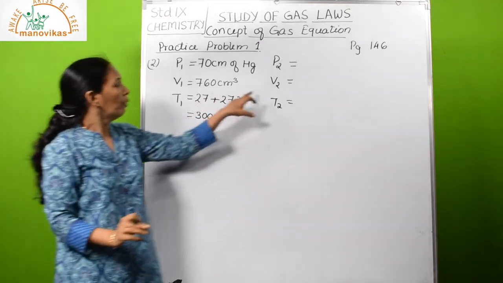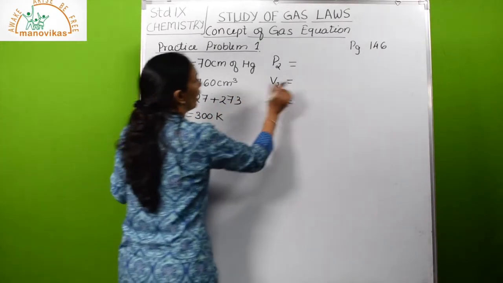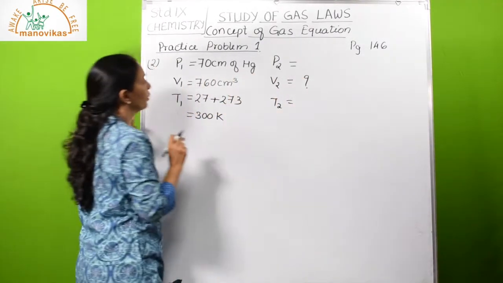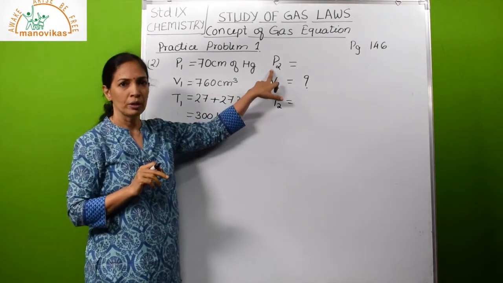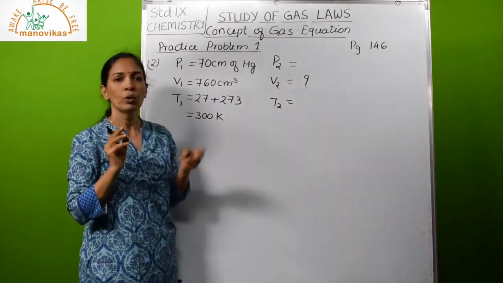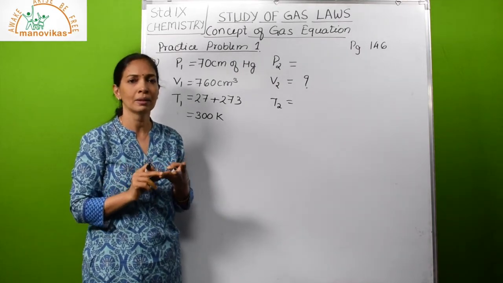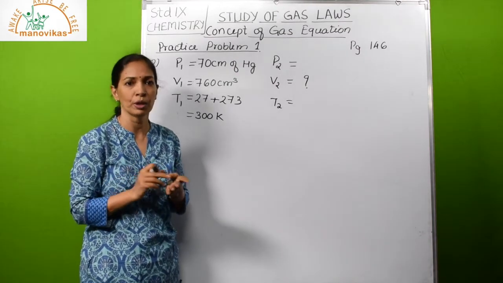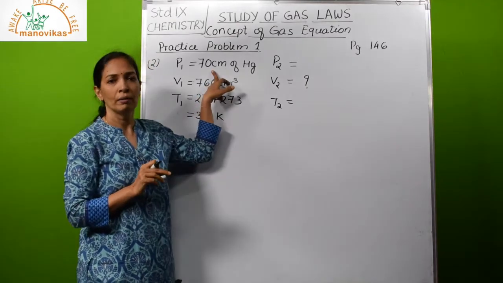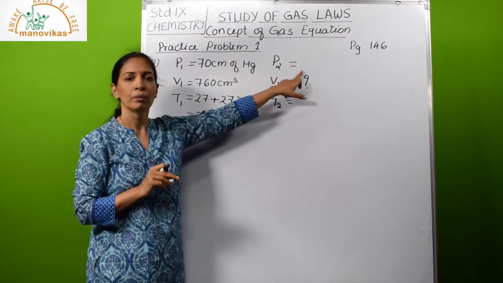Now here, what is unknown? Final volume you have to find. What is the value of pressure? Now you see here, you know 3 values of standard pressure: in centimeter, millimeter of mercury and atmosphere. Looking at the initial pressure, you have to give the final pressure.